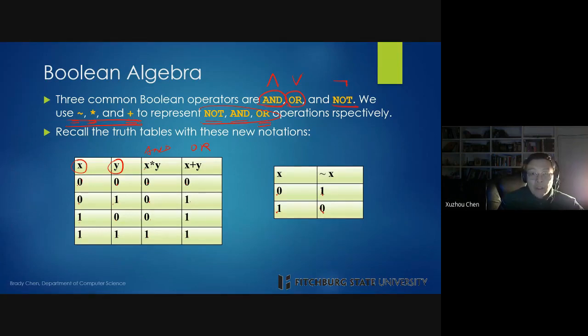Remember, this is a Boolean algebra. So the variable can take a value 1 or 0. So if you have two variables, x and y, the x could be 0, y could be 0, and x could be 1, y could be 1, x could be 0, y could be 1, x 1, y 0, 1, 1 for both x and y.